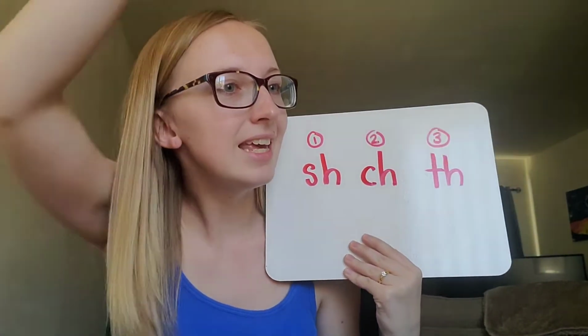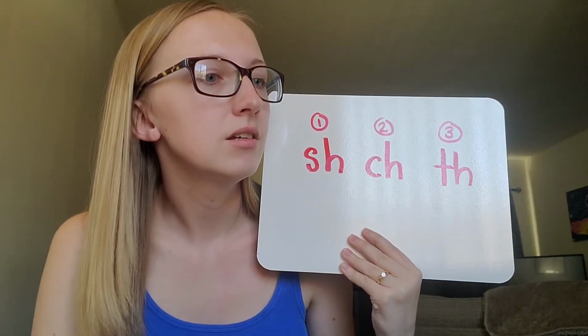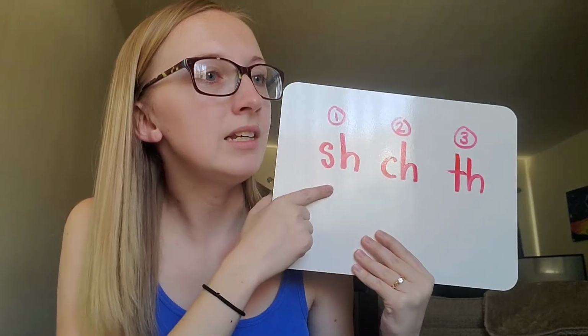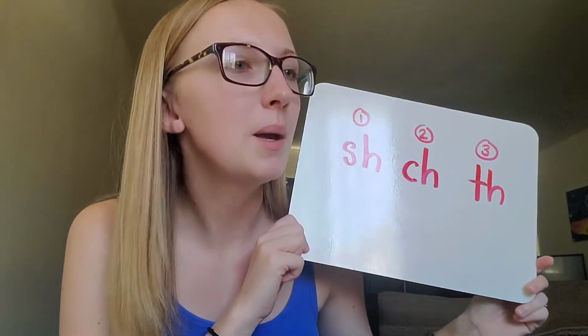D, i, sh. What sound do you hear at the end? Sound number 1. And the whole word is, if you stretch it out, we can put it together. D, i, sh. Dish.